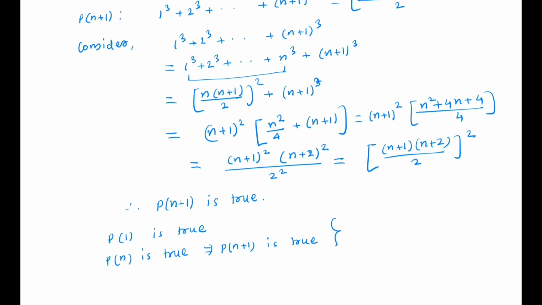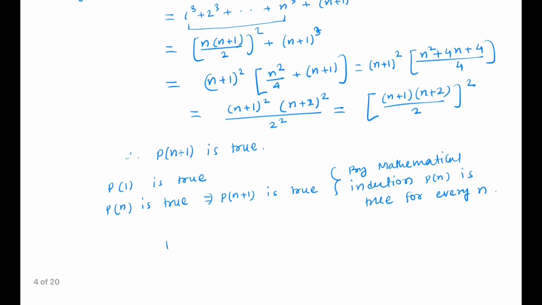From this, by mathematical induction, we say that Pn is true for every n. And that proves our identity: 1 cube plus 2 cube up to n cube is nothing but n into (n plus 1) by 2 whole square.